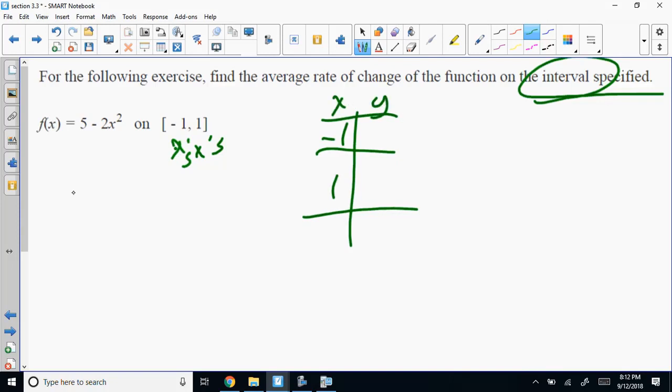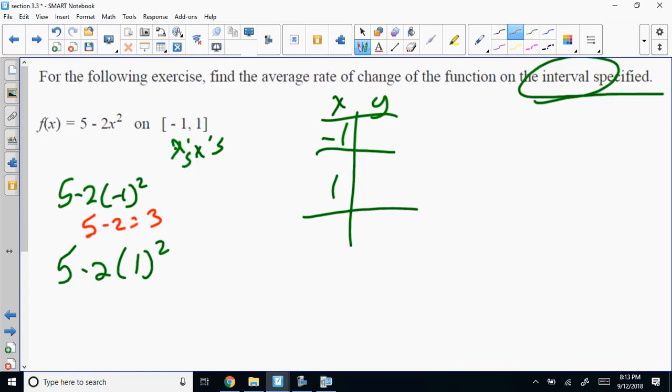So you're going to evaluate it when it's -1, and you're also going to evaluate it when it's +1. So that's 5 minus 2, which is 3, and then I got 3 and 3, correct? I just plugged them in. Y'all agree with my calculations?